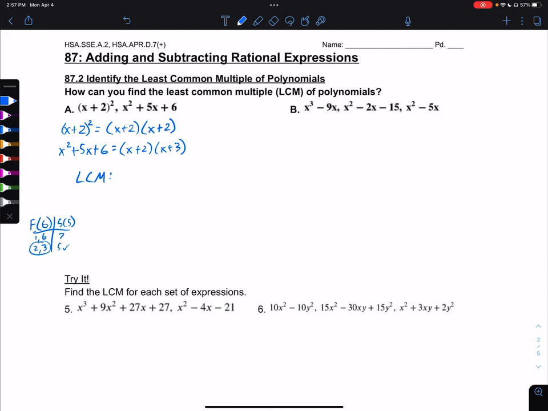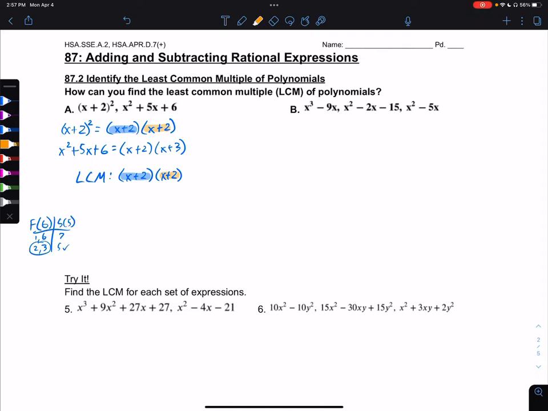So (x + 2) squared was (x + 2) and (x + 2). So I'm going to write each of those pieces down. So I'm going to take this (x + 2). And your LCM is going to be made up of all of the parts of each individual part. And I'm not phrasing that very well, but you'll see what happens. So my first two pieces are the (x + 2) that I've highlighted in blue and the one I've highlighted in orange.